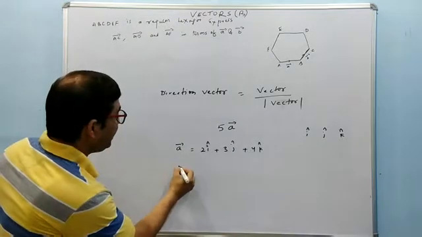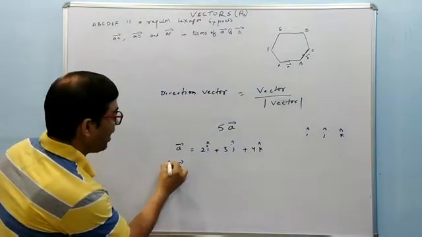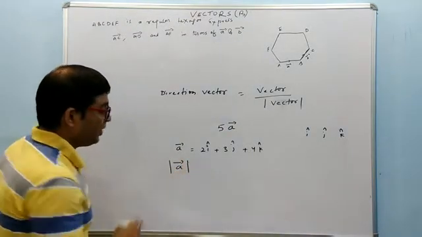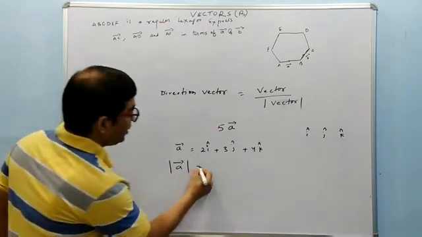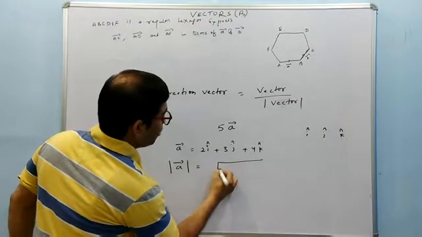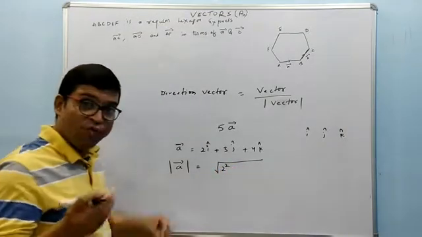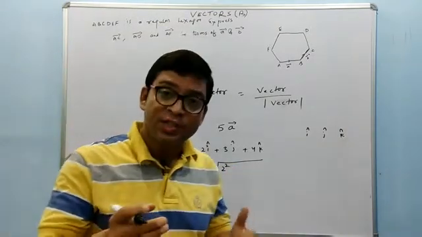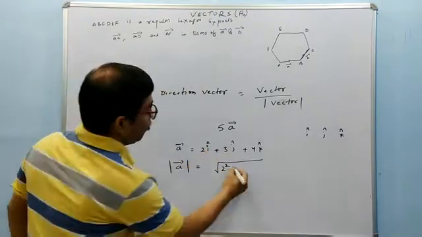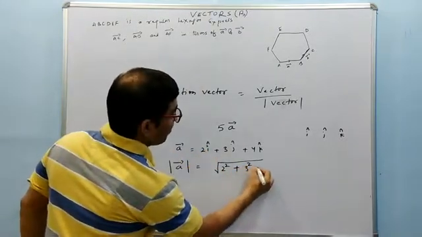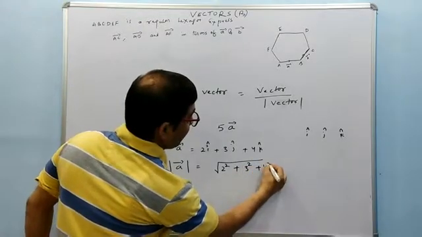This symbol goes for the magnitude of a vector. It is actually 2 squared, that is the coefficient of i cap, plus the coefficient of j cap squared and the coefficient of k cap squared, like this.